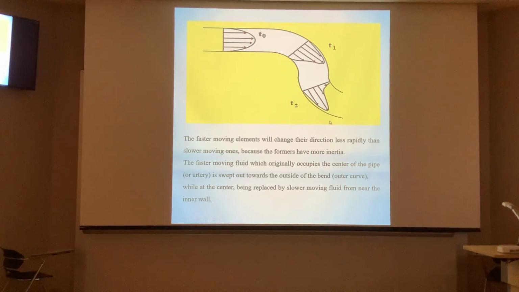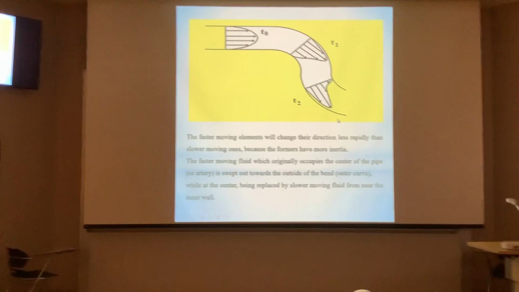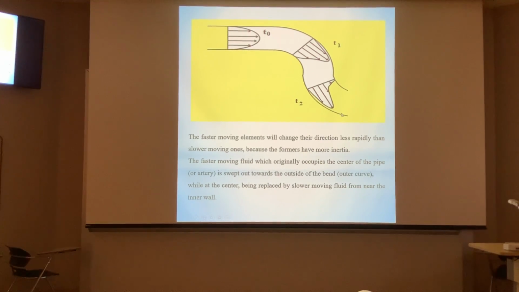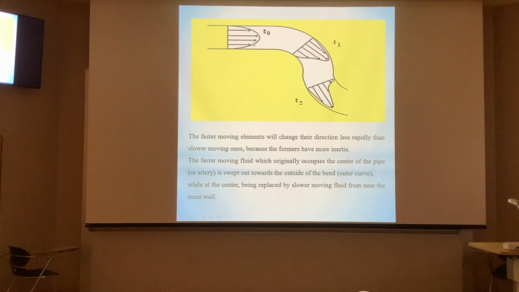And this is the schematic of the layers of blood flow changing over the curve. We can see the faster moving element is in the center of the pipe or the artery.